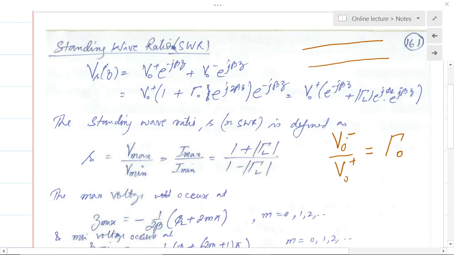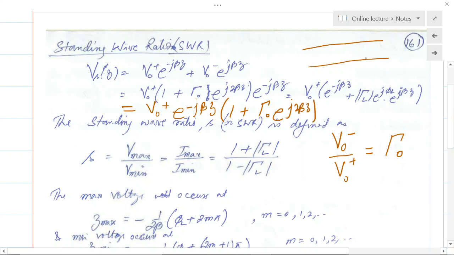So you can write V naught negative equals gamma naught times V naught plus. Taking V naught plus common, it will be 1 plus gamma naught e to the power j 2 beta z. You can also take out e to the power minus j beta z, so the expression is V naught plus e to the power minus j beta z times 1 plus gamma naught e to the power j 2 beta z.